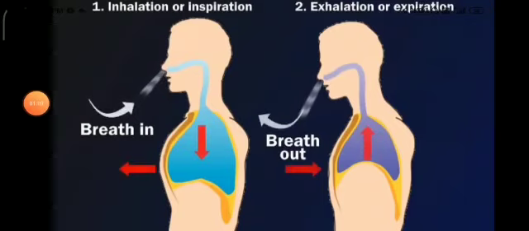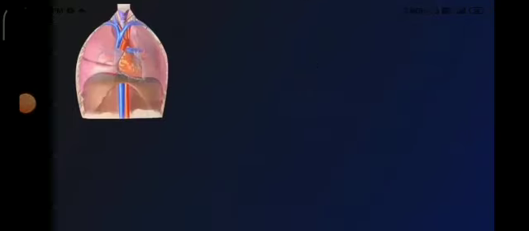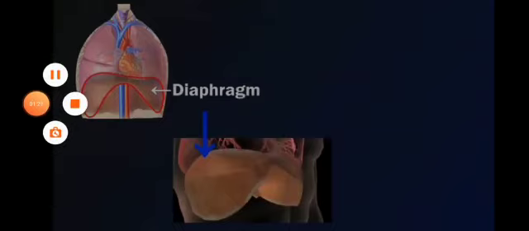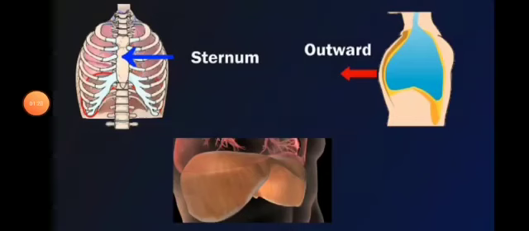Now children, the inhalation process starts with the movement of the diaphragm and sternum. In this process, the diaphragm moves inwards and the sternum moves outward. So here two movements occur.